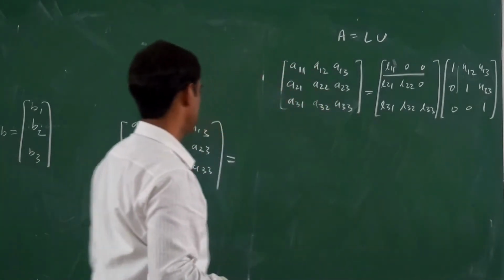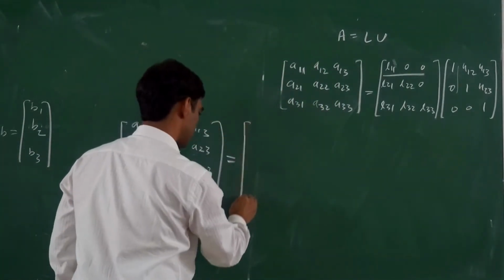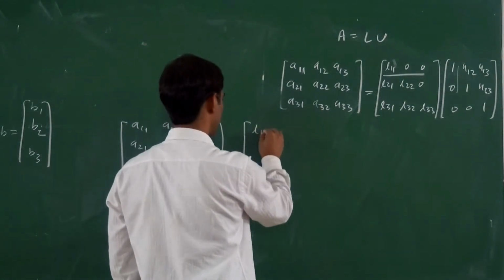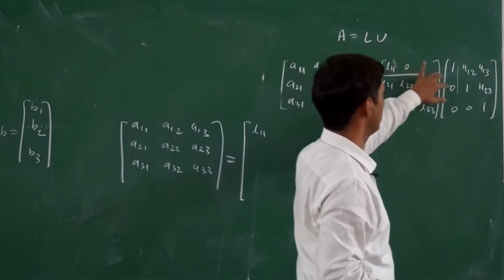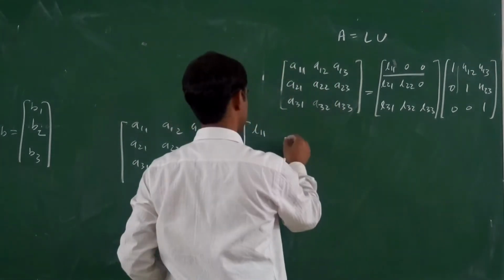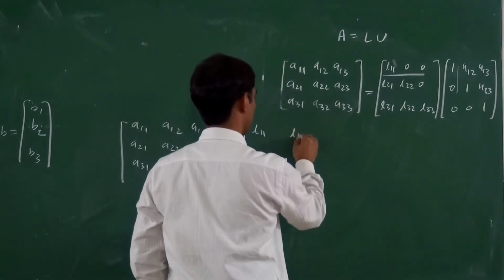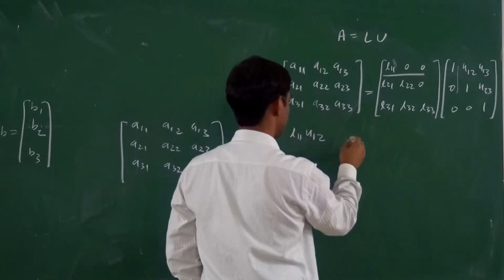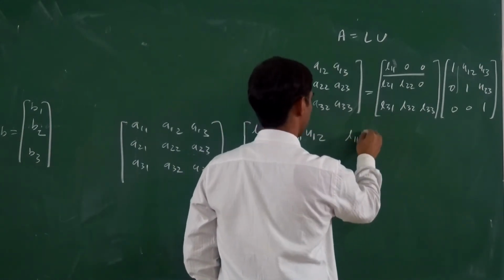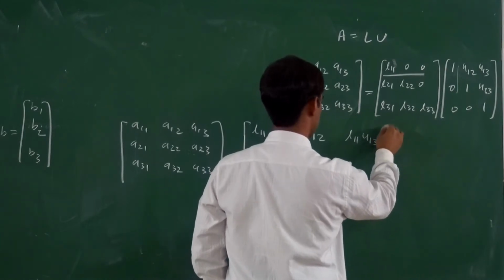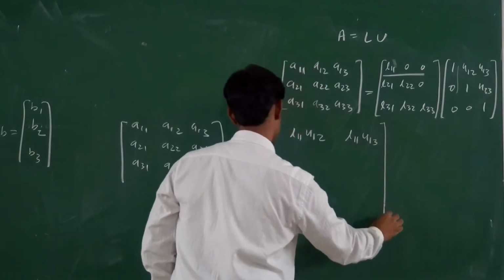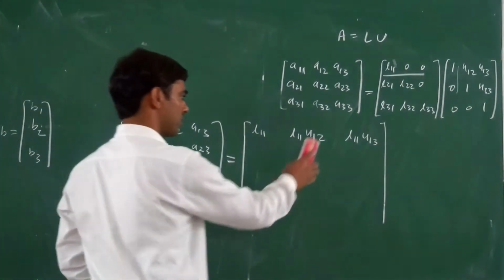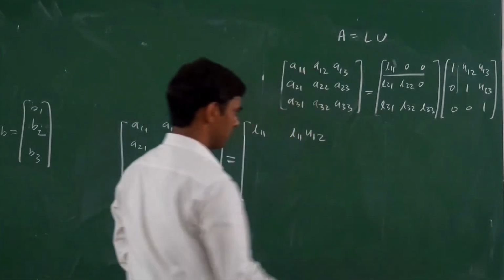The elements become L11, then L11 U12, and the third element is L11 U13. This is the first row.